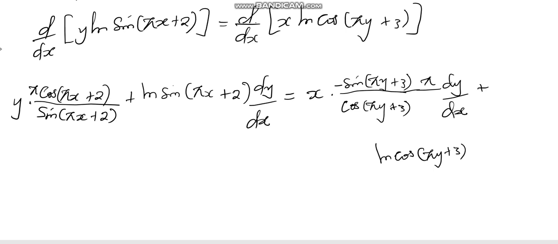So now we know that when you divide a cosine function by a sine function, you get a cotangent function.